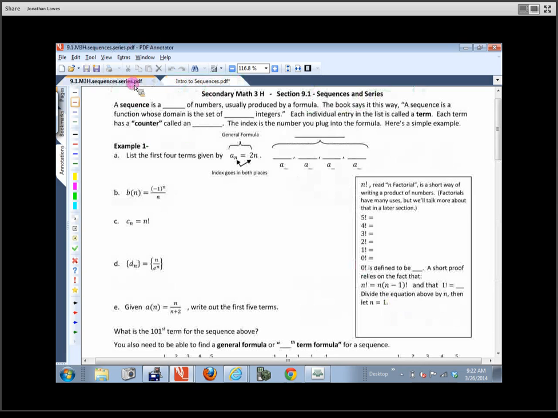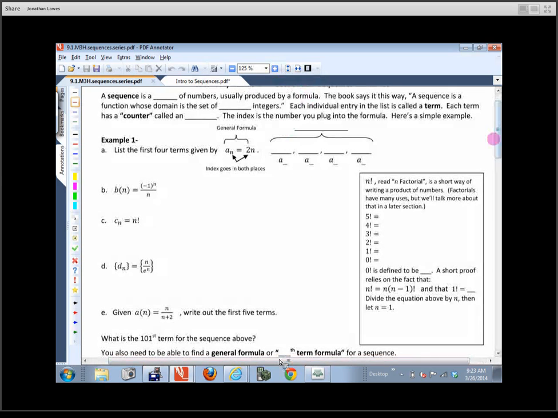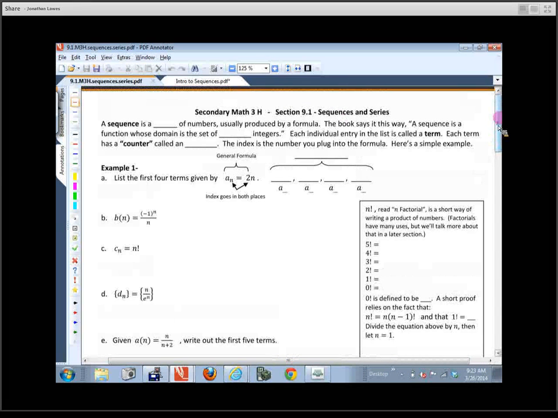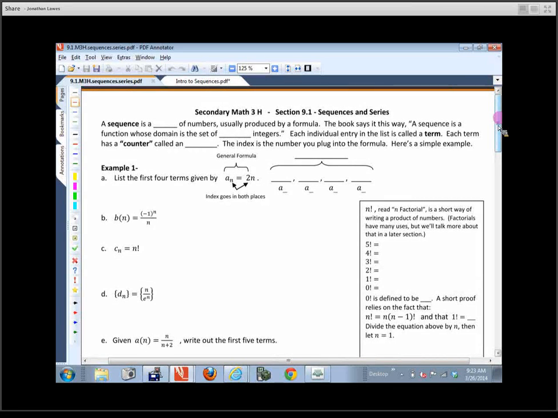Okay, so we're going to talk about sequences and series, introduce the notation and the concepts and stuff like that. Okay, so a sequence is a blank of numbers usually produced by a formula.